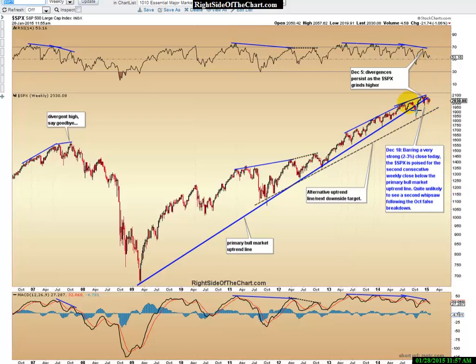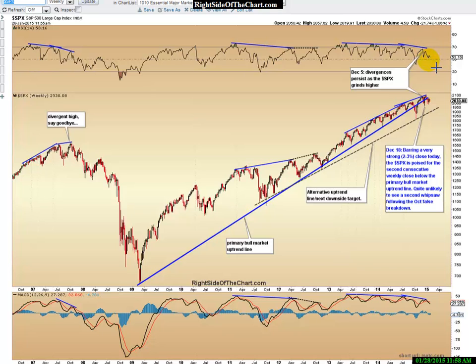So again, even after this fake out move, we had another divergent high. If you notice this most recent high in the S&P, this is what I refer to as double negative divergence. We had negative divergence up to this point, it played out for a little bit of a correction, and yet we went on to make another high, but that's another divergent high.